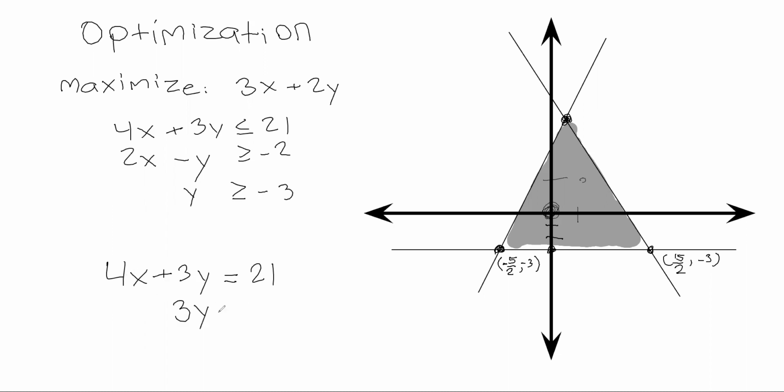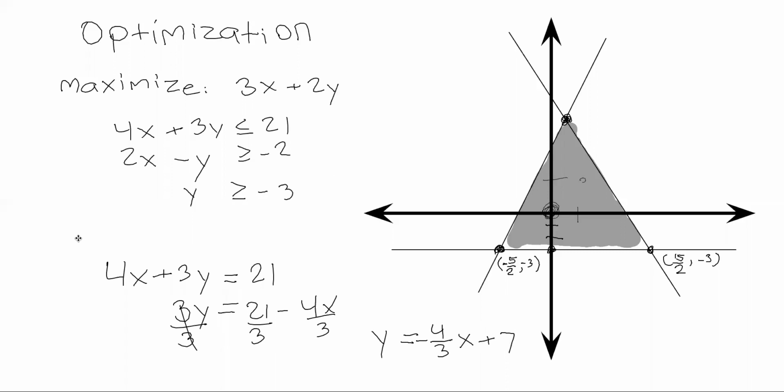We get 3y is 21 minus 4x. And then from there, we can just divide everything by 3. So our equation becomes y equals -4x over 3 plus 21/3, which is 7. So this is our first equation.